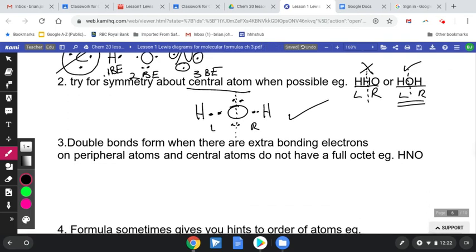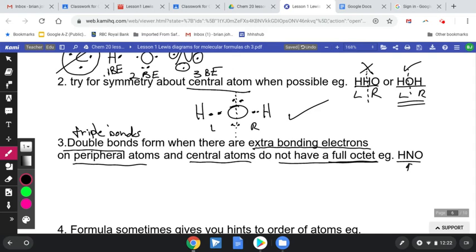When you have extra bonding electrons left over on either peripheral atoms or central atoms, and they do not have a full octet, then you are making double bonds or triple bonds, depending on how many bonding electrons are left. So a good example of this is HNO. And we can tell here that they're giving us a hint to put nitrogen in the middle.